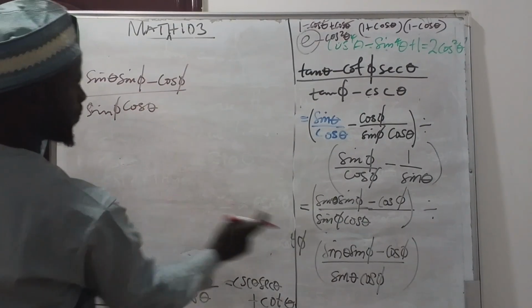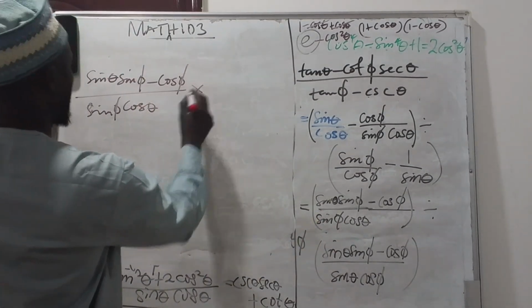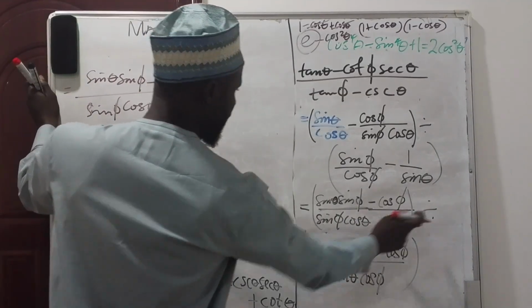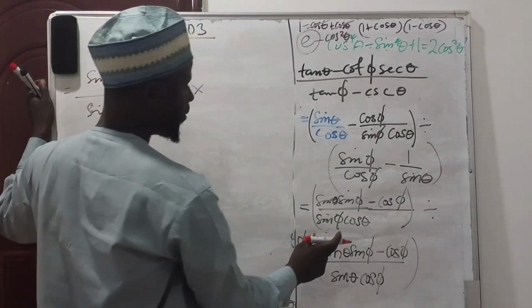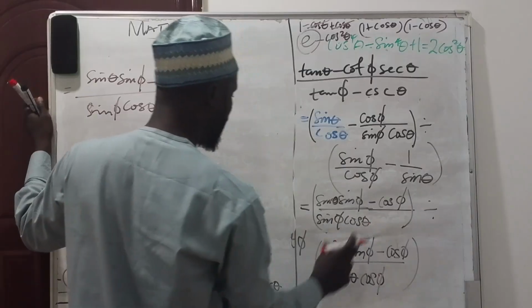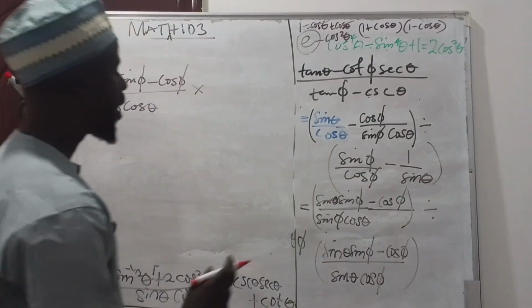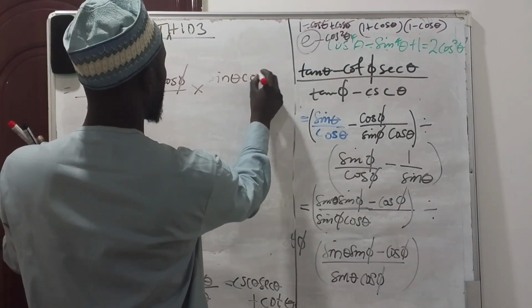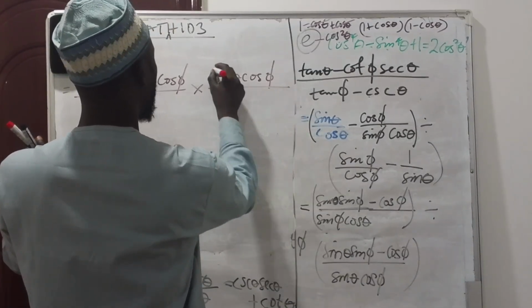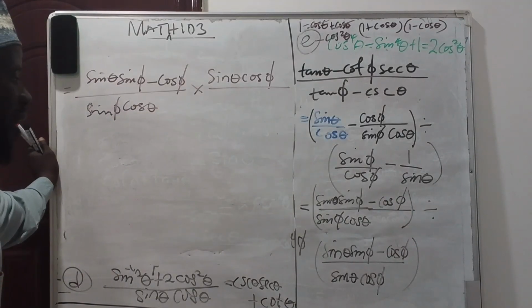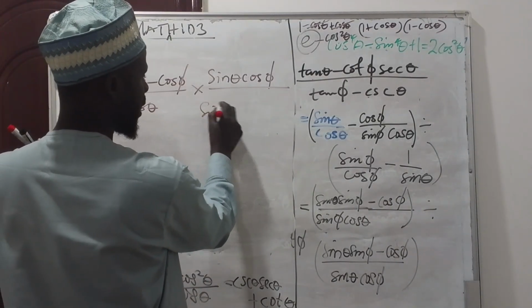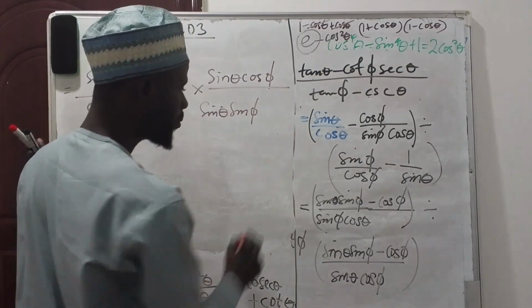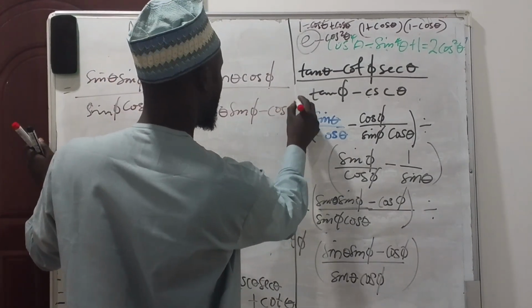Cos theta. So to multiply, since this is division, if I change it to multiplication I have to take the reciprocal of this quantity, and the reciprocal is sine theta cos phi divided by sine theta sine phi minus cos phi.